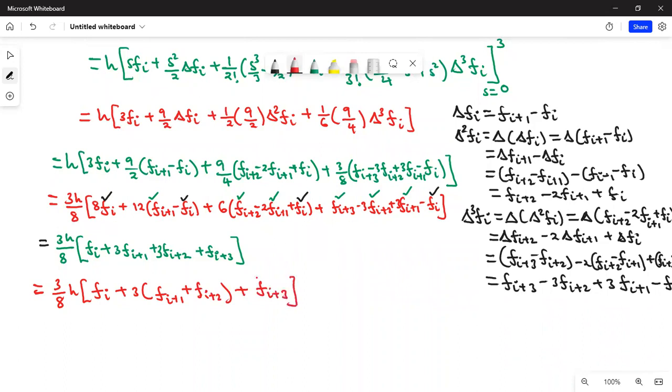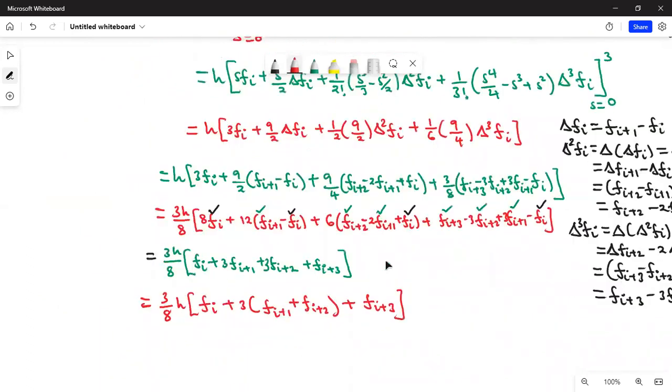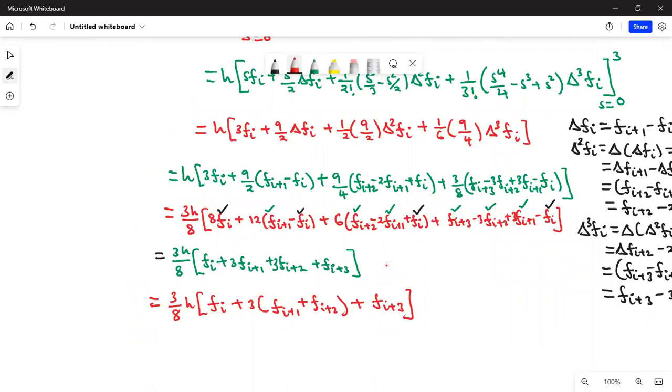That's what we have. On the left, it was the integral from xi to xi plus 3 of f of x dx, which is approximately equal to that. It should be an approximation. Remember, that's not the exact. So this is very important.